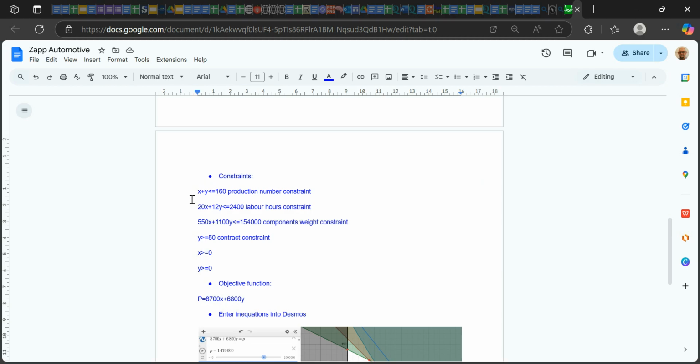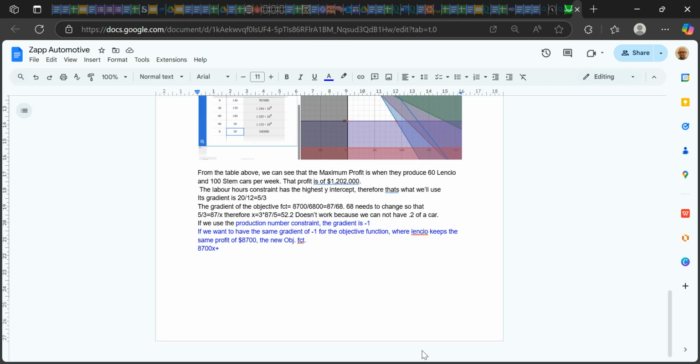What would make them have the same gradient? Yes, Costa, 8,700. 8,700y is equal to P. Yeah?